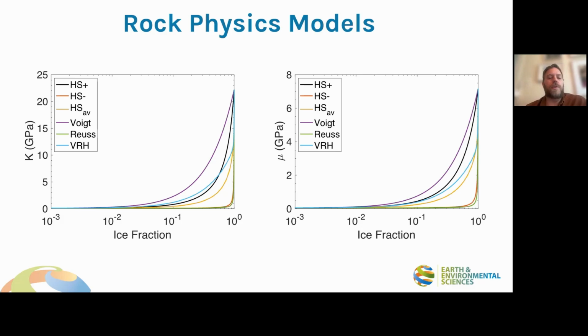But this shows how you can use these different rock physics models to relate, here K is the bulk modulus, mu is the shear modulus, the physical properties of these ice rock mixtures to a given ice fraction, or the percentage of the pore space that is filled with ice. And these models right now are made for a porosity of about 35%.